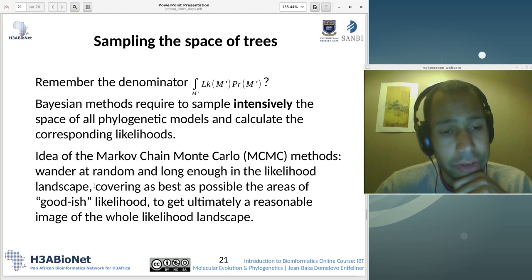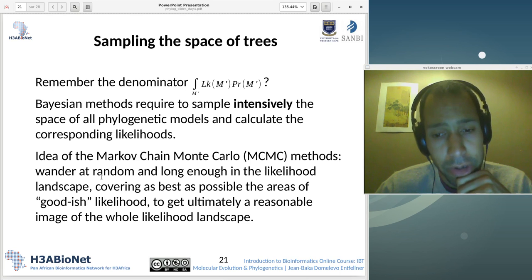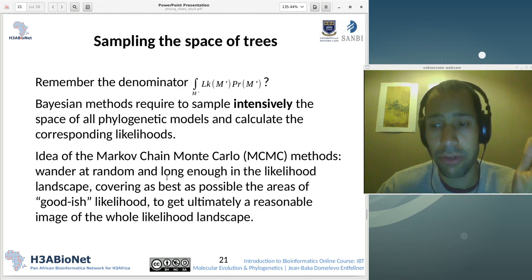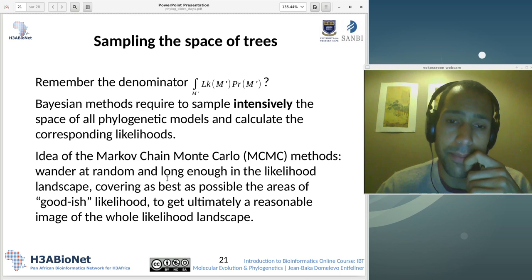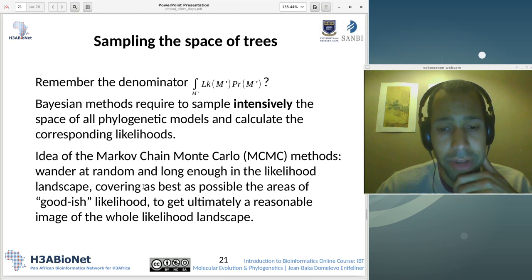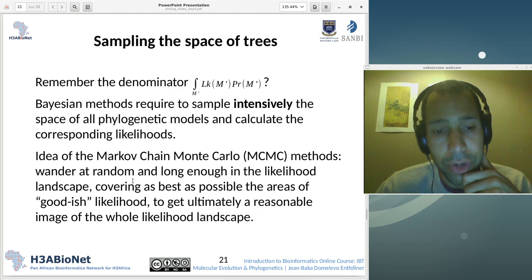So the idea of the Markov chain Monte Carlo methods is to travel at random, and long enough, in the space of all possible models, of all possible trees, in this likelihood landscape, to cover as best as possible the areas of good-ish likelihood.